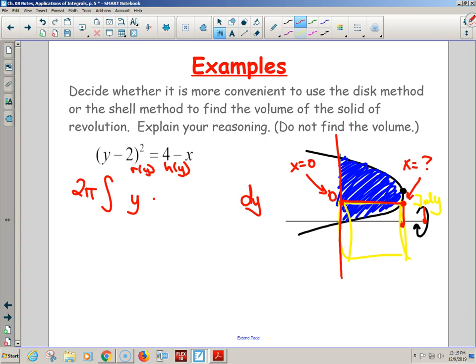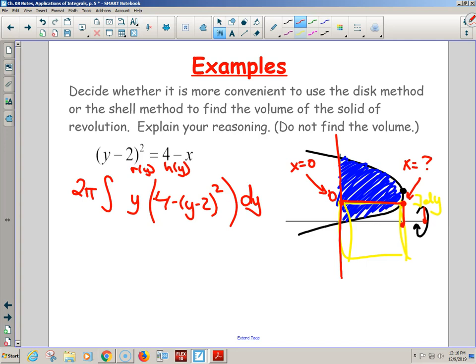So I can do x equals this dude minus 0, and then I'm done. Do you guys get 4 minus 1 minus 2 quantity squared? So I have my r of y, just y, but y minus 0. I have my h of y, my function minus 0, and then I have my 2 pi.